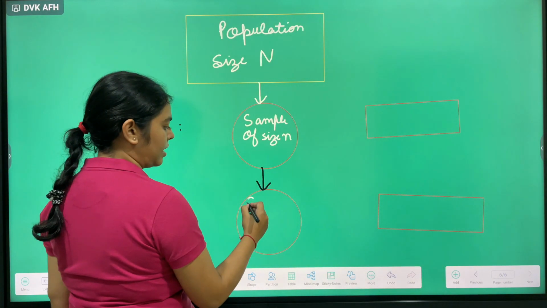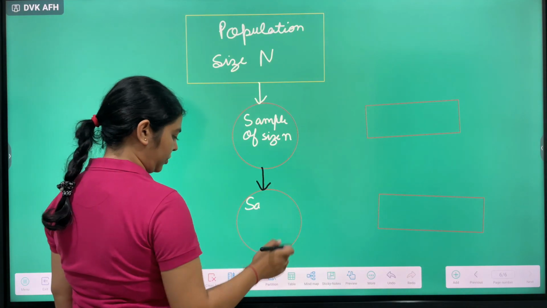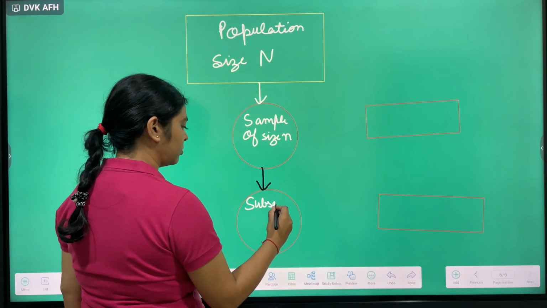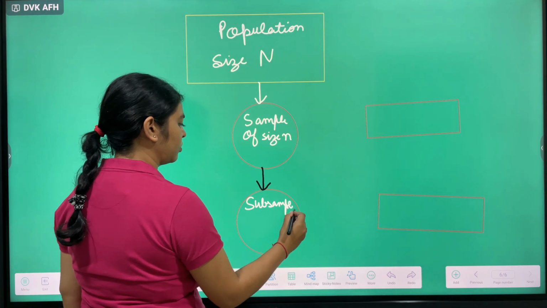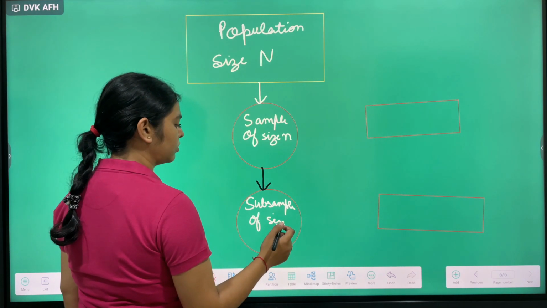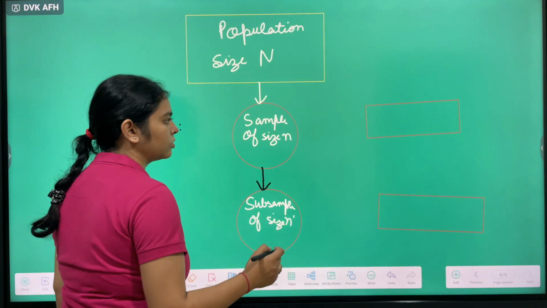and we select a subsample of size n dash.